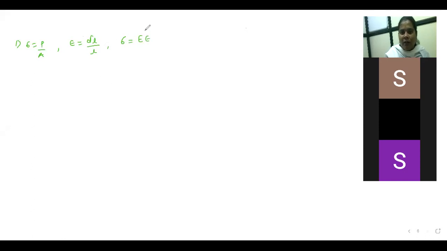So first find the change in length. How to find out the change in length?